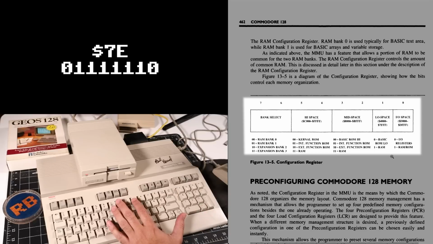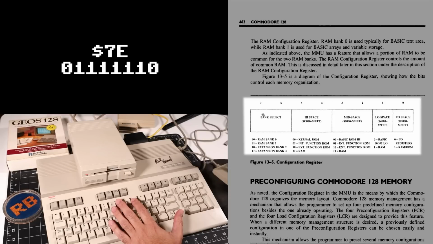So we're going to have access to the input-output, the devices attached to the system. The 1 in this bit indicates that we're swapping the BASIC ROM low for RAM. The 1-1 here in bits 2 and 3 indicate that we're swapping BASIC ROM high for RAM. In bits 4 and 5, we're swapping kernel ROM for RAM.